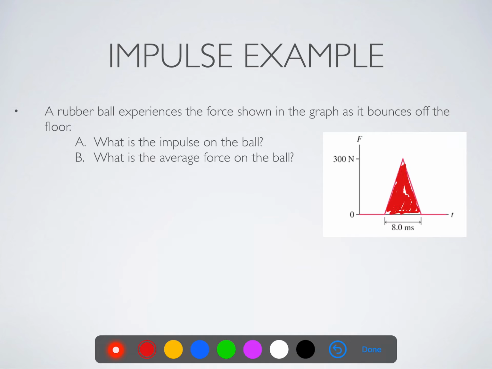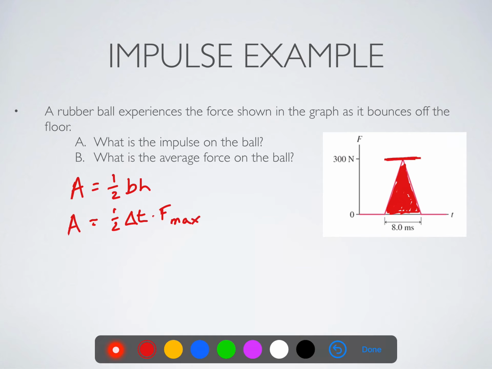That's as basic as we can put it. The area of a triangle is 1/2 base times height. In this case, the base is our time. The height is our force. So 1/2 times the base, which is the change in time, times the height, which is going to be our maximum force. That's where our maximum force is.